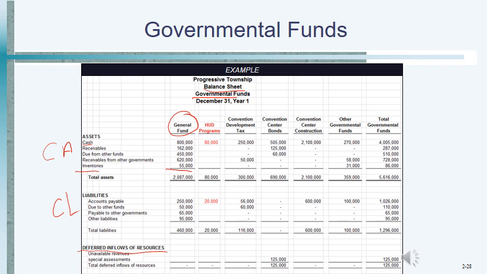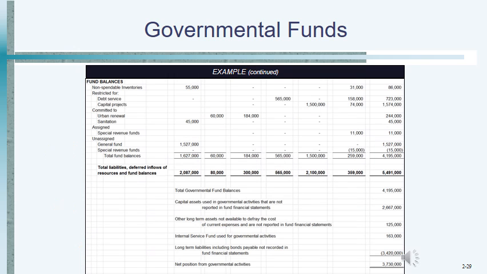And then what? Then we come over to the next slide to finish off our balance sheet, and we call it a balance sheet for the governmental funds. And here's our fund balance. Fund balance is like retained earnings, isn't it?